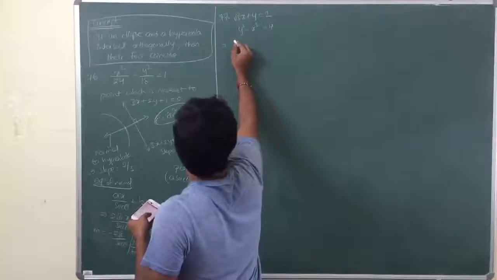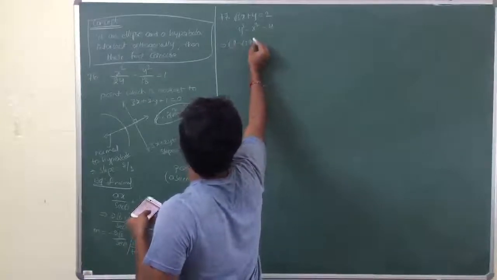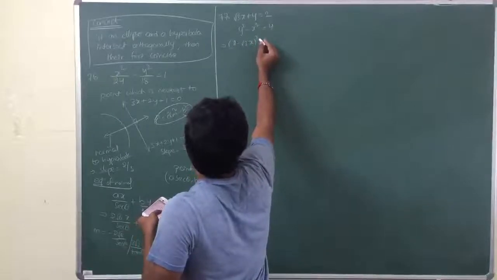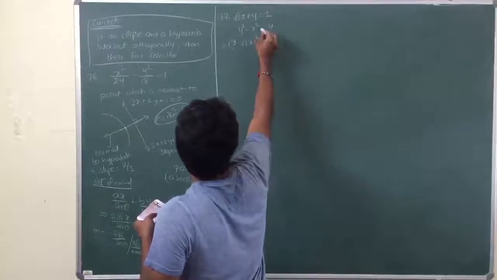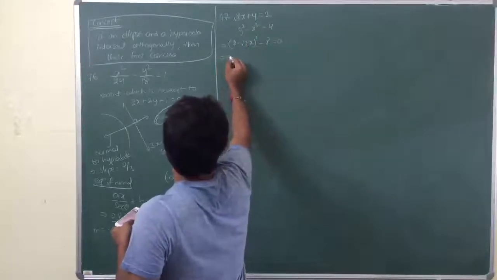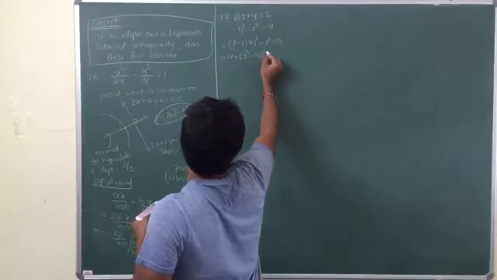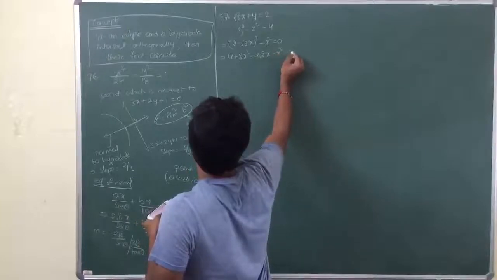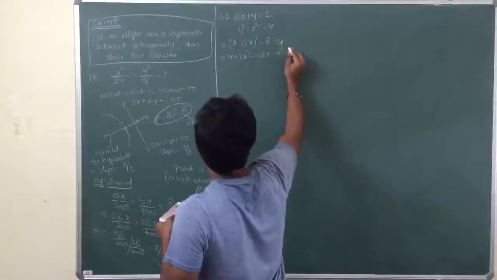So what is the value of y? 2 minus root 3x whole square minus x square is equal to 0. 4 plus 3x square minus 4 root 3x minus x square is equal to 0. Is equal to 4, sorry.